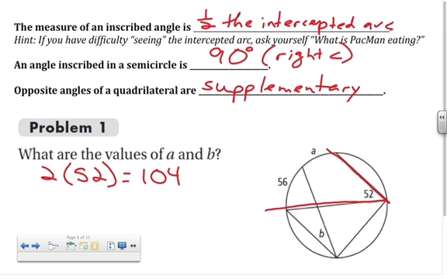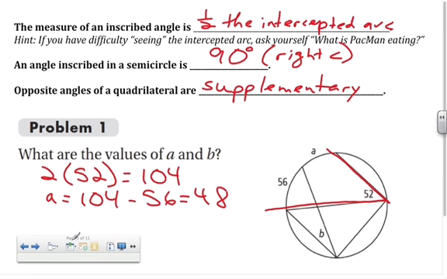Subtract the what? Not from 180. 180 involves a semicircle. I have no guarantees that anything up here is a semicircle. Grace, now you see it. Subtract the 56 from it, yes. A will equal 104 minus 56, giving me 48, thank you. Okay, so realize you're going to be working backwards sometimes.